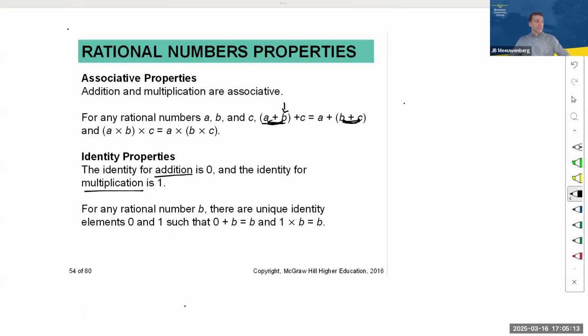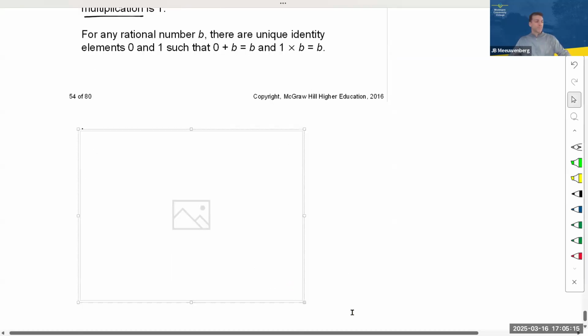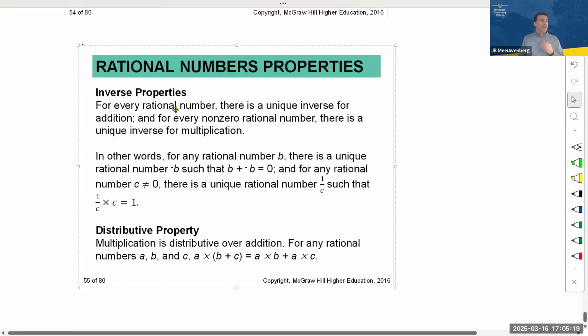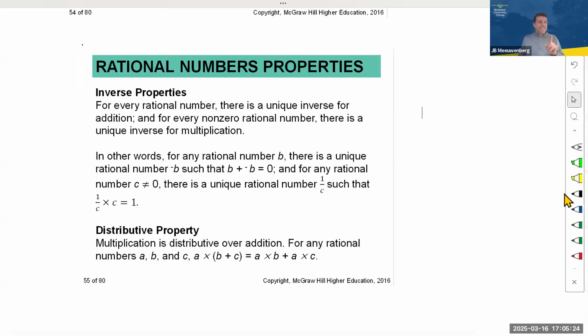We also have inverse properties. Those exist for rational numbers as well. For every rational number, there is a unique inverse for addition, and for every non-zero rational number, there's a unique inverse for multiplication, right? So it's the opposite with addition. For any rational number, it's its opposite, the negative version, that when you add it equals 0.